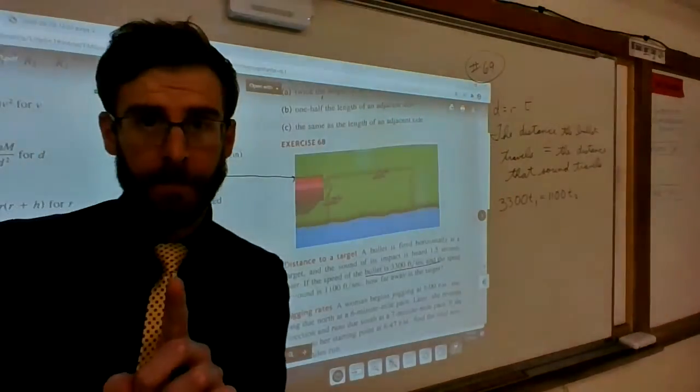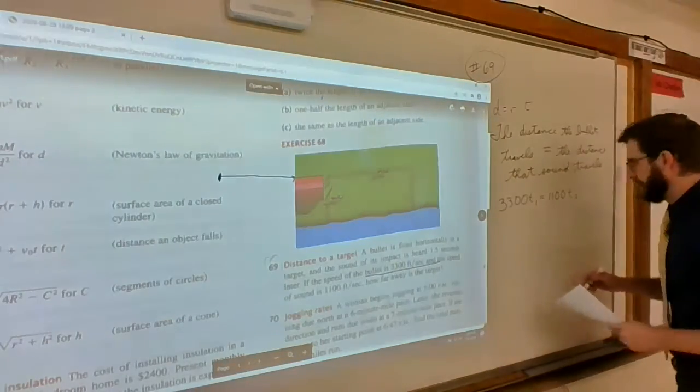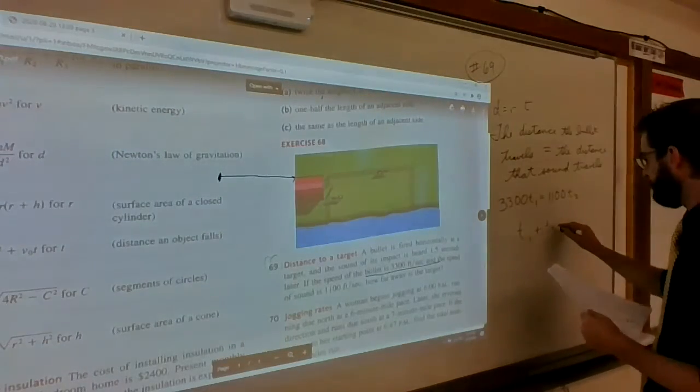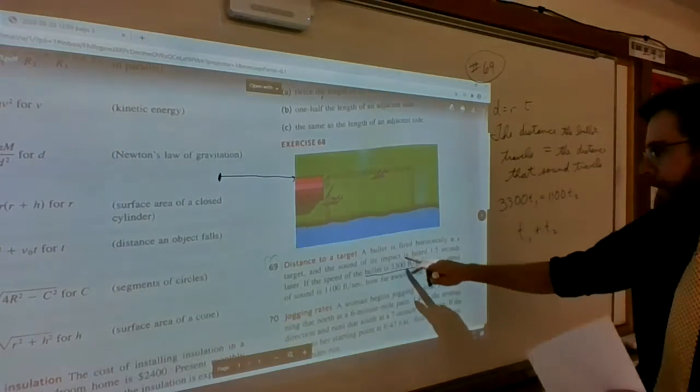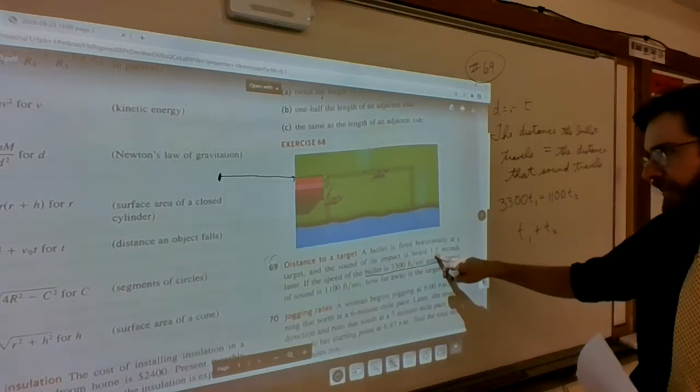Here's what we do know: time 1 plus time 2, together they must be 1.5 seconds.